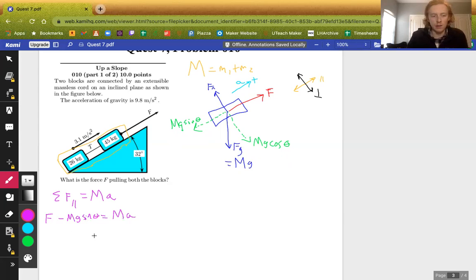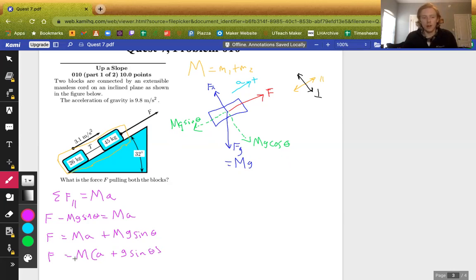So let's rearrange some stuff. This applied force must equal the total mass of the system times the acceleration of the system, plus the total mass times the acceleration due to gravity times the sine of the angle of the inclined plane. If we factor out this total mass, F equals the total mass times the acceleration of the system plus the acceleration due to gravity times the sine of theta.